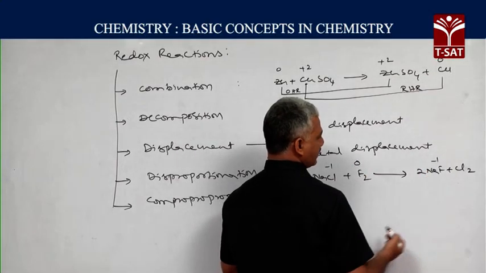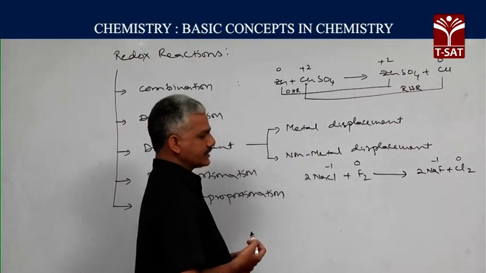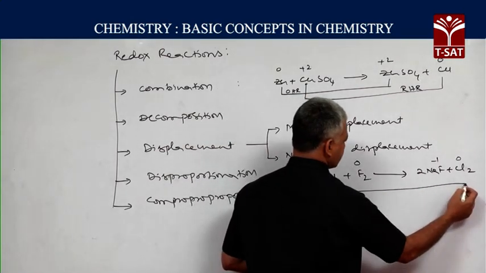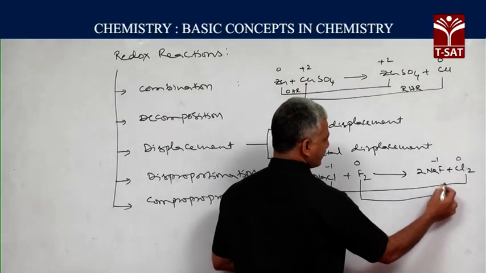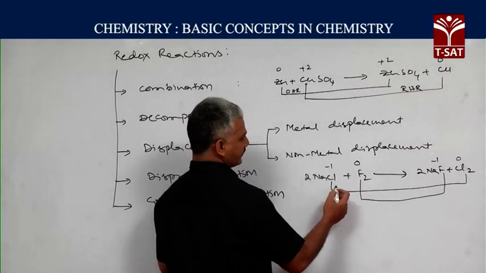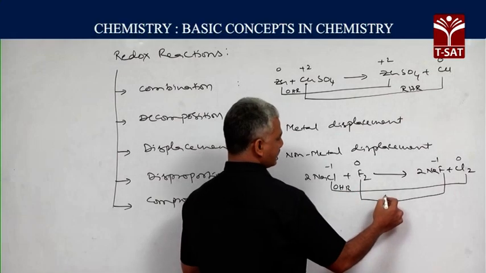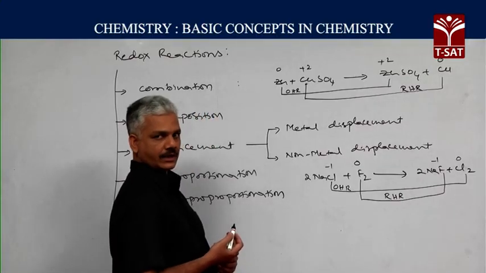On the product side, fluorine's oxidation state is -1 while chlorine's oxidation state is 0. So, here chlorine's oxidation state is increasing whereas fluorine's oxidation state is decreasing. So, this part of the reaction is the oxidation half reaction, and this part is the reduction half reaction.